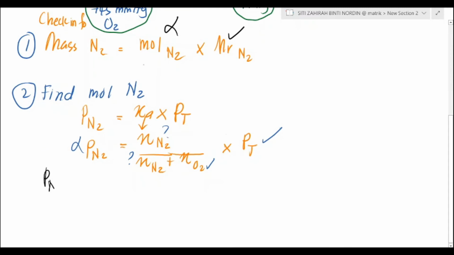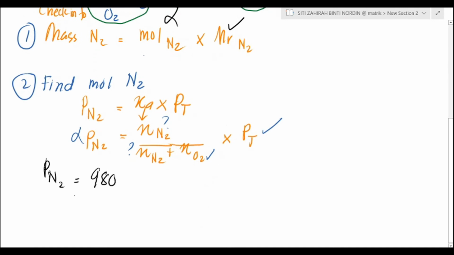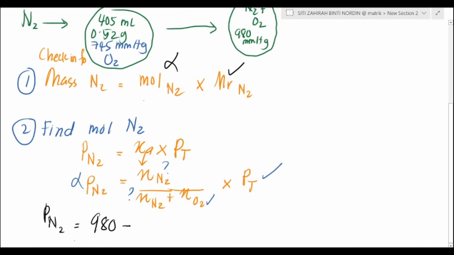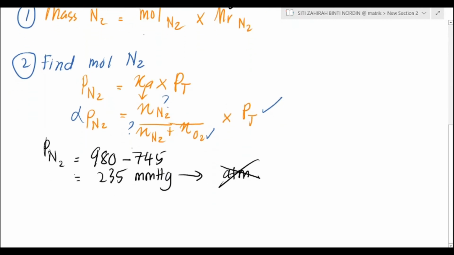The pressure for nitrogen would be 980 minus 745, and that would be 235 millimeter mercury. We are not using the ideal gas equation, PV equals nRT, so you don't have to change this unit into ATM. Just use the unit that's been given to you in the question.